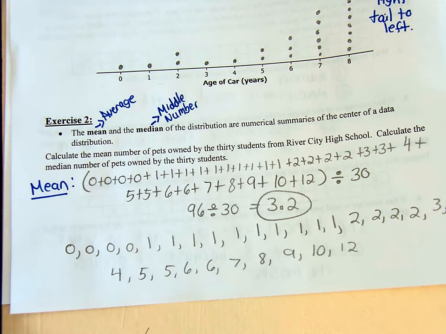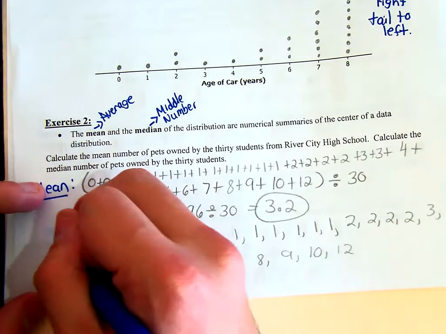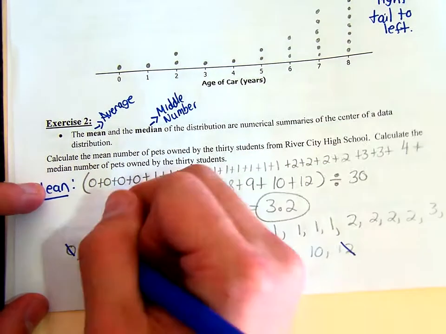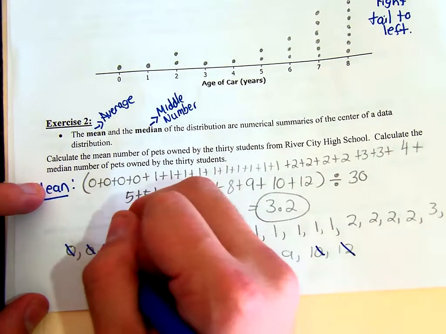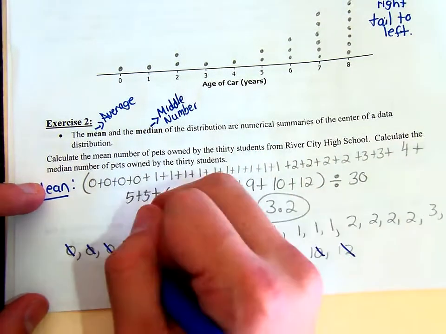And if I wanted to find the median, I would just have to go through and actually find the median. So start on the outside and work your way in. So I start on the outside here and work my way in to find that middle number.